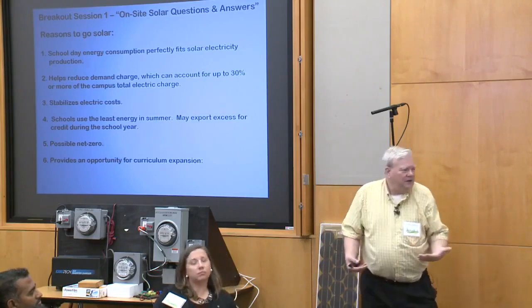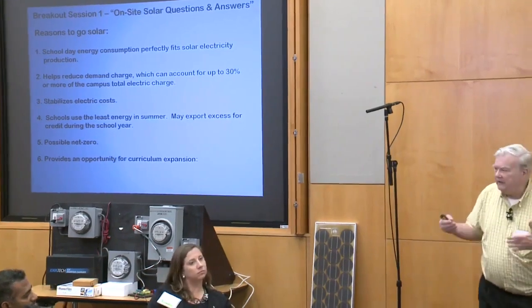So solar produces energy almost identically in the same pattern that you, as an educational institution, consume it. So it's a virtually perfect fit for your kind of operation. It's not true in all cases. But for you guys, you are an ideal candidate in that sense.